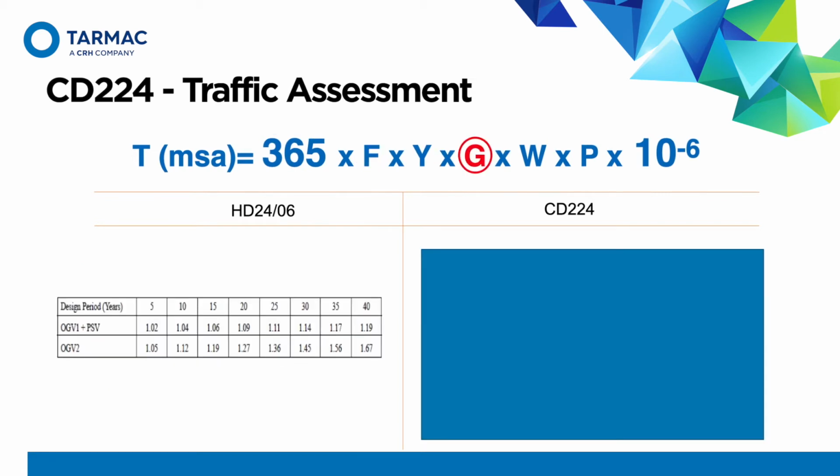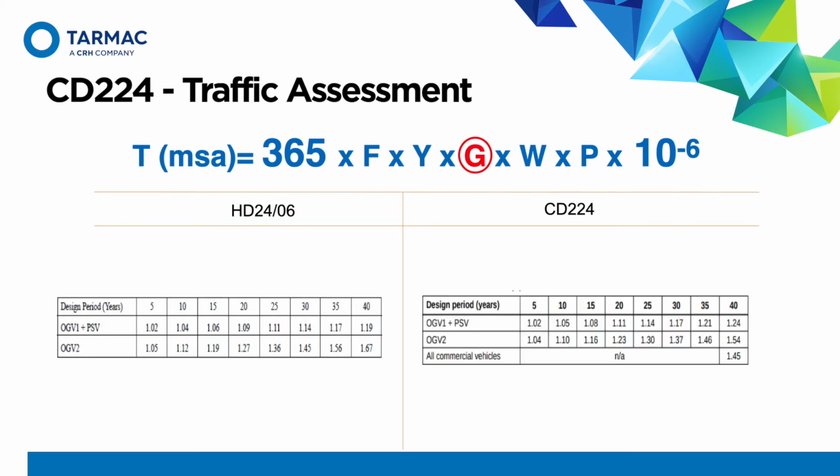Going on to the next factor, G, the growth factor. Previously, it was given in HD24/06 as a table based on the design period. Similarly, it is given in CD224: based on the design period, you get the growth factor. However, the numbers are changing.